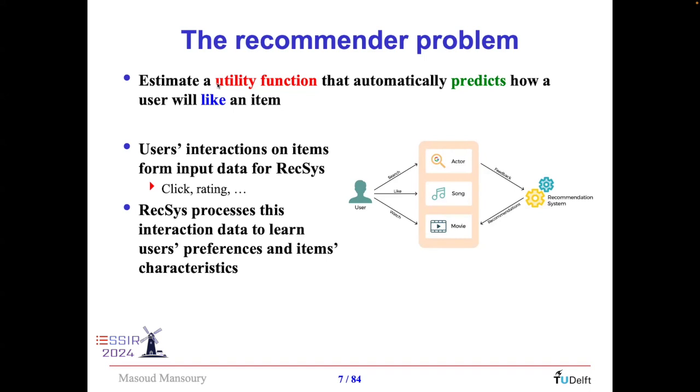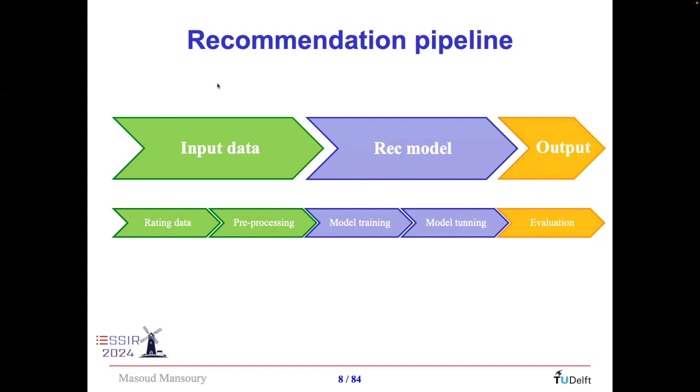The recommender system takes these input data, processes them, and learns the user preferences and item characteristics, in the form of embeddings or latent factors. Matching them helps recognize which item would be preferred by the user to be shown. This slide shows the very basic pipeline for the recommender system.